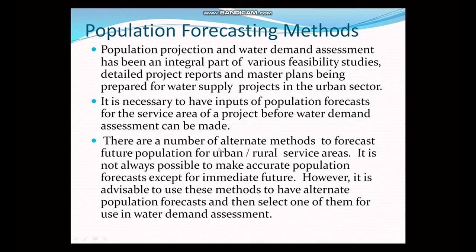There are a number of alternate methods to forecast future population for urban or rural service areas. It is not always possible to make accurate population forecasting except for immediate future. However, it is advisable to use these methods to have alternate population forecasts and then select one of them for use in water demand assessment.